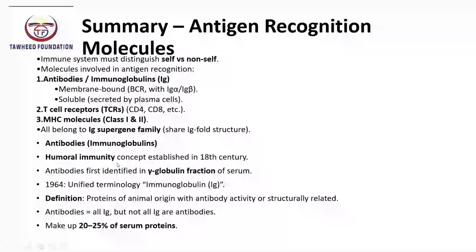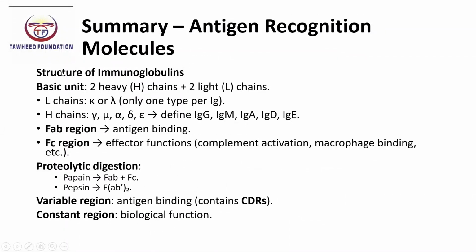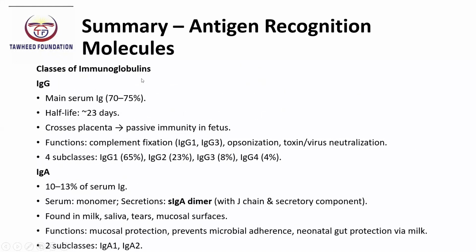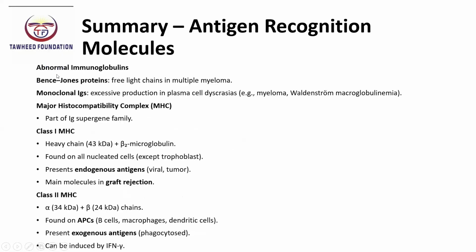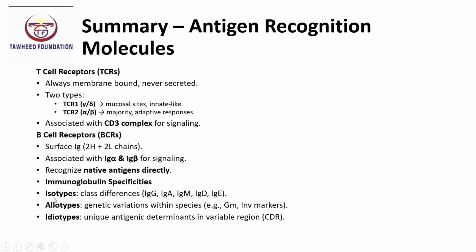Antibodies, humoral immunity, definition of antibodies, structure of immunoglobulins, and its proteolytic digestion through papain and pepsin, variable region, constant region, different classes of immunoglobulins, that is IgG, IgA, IgM, IgD, IgE, abnormal immunoglobulins, classes of major histocompatibility complex, class 1, class 2, and T cell receptors and B cell receptors.